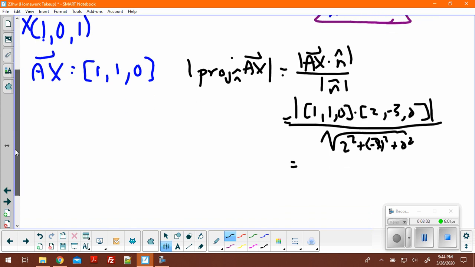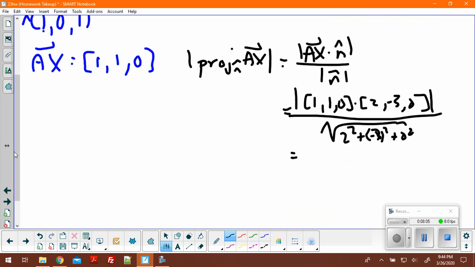So in my denominator, I've got 4 plus 9, so it's root 13.